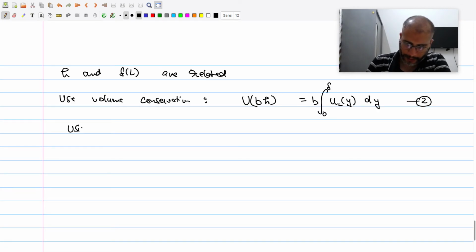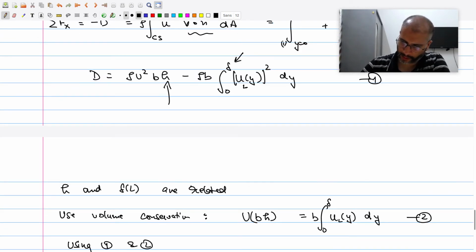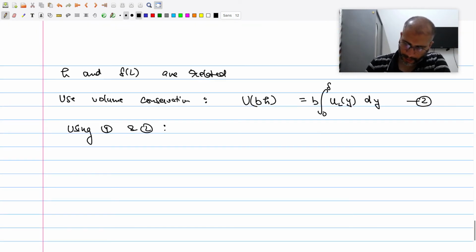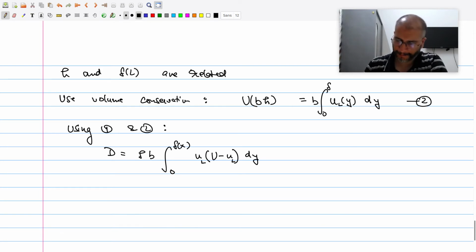So now using 1 and 2, so 1 was this relation for the drag, what we'll get is the expression for drag. Okay, this time we won't have an h. Okay, in fact, let's not put L here because now we have generalized this.